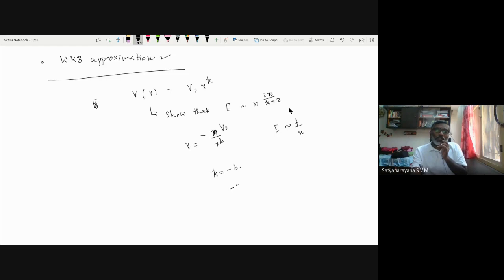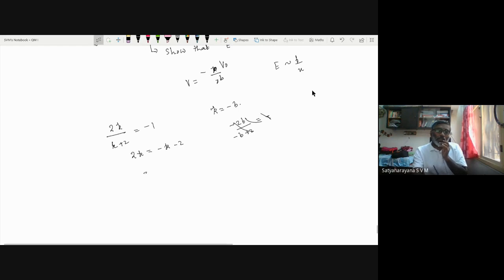So it is minus 2b divided by minus b plus 2. Let us say 2k divided by k plus 2 is equal to minus 1. So 2k is equal to minus k minus 2, correct?